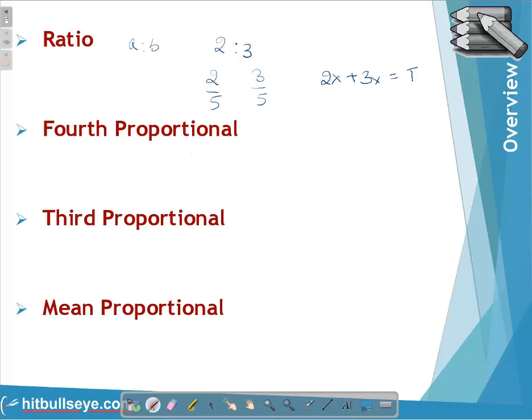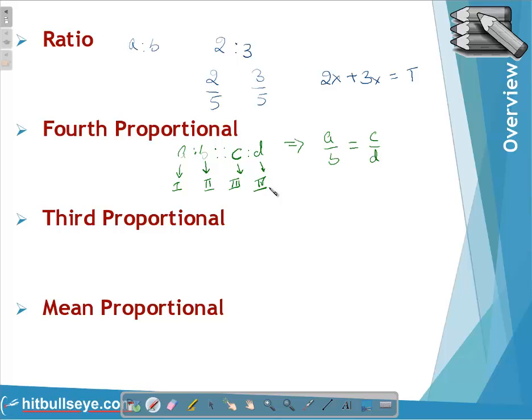Or if we take the example of A, B, C, D, we could say A has the same ratio with B as C has with D. Or we could say it as A by B equals C by D. Here A is known as the first proportion, B as the second, C as the third, and D as the fourth proportion.